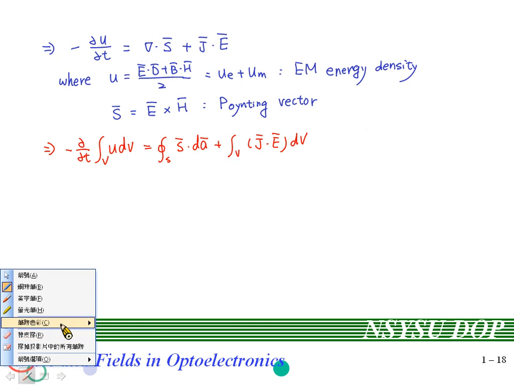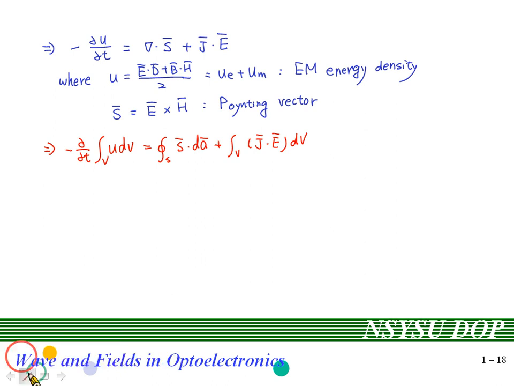Okay, and now let's see. As I have mentioned, U here is the total EM energy density. So the volume integral of the total EM energy density will give you the total EM energy.